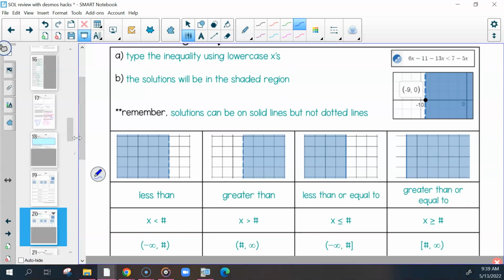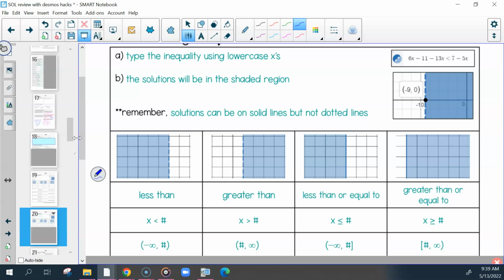So this is less than, and you can write it one of two ways, using your inequality notation or your interval notation. So less than would be x is less than whatever number, or negative infinity to that number, both in parentheses. Greater than would be x is greater than that number, or that number to infinity, both in parentheses.